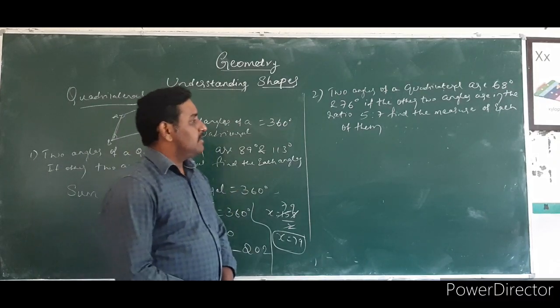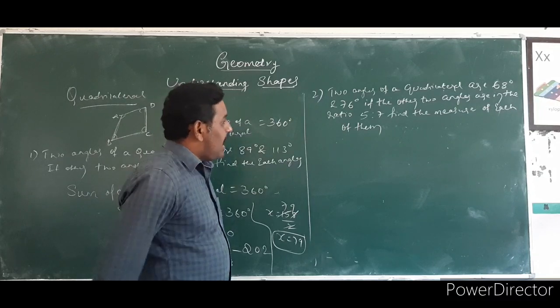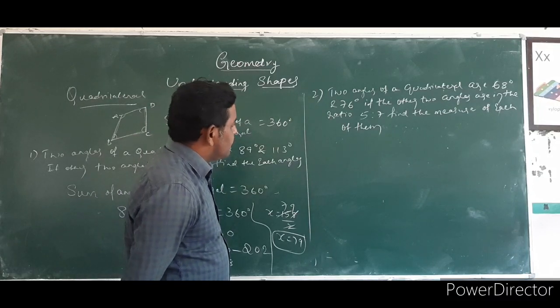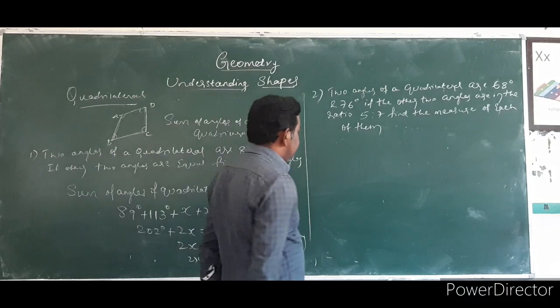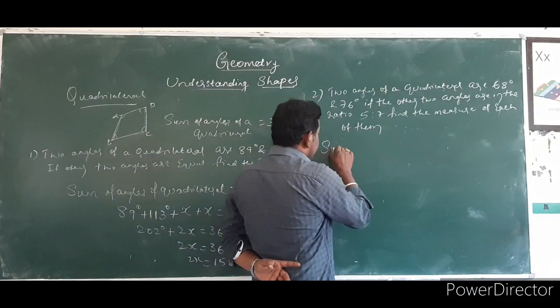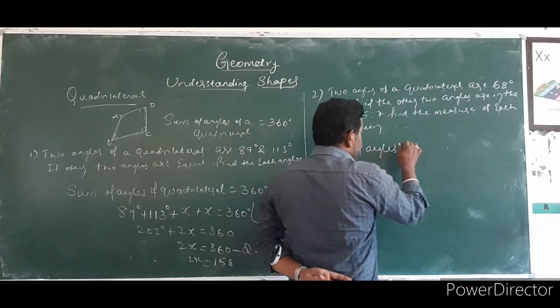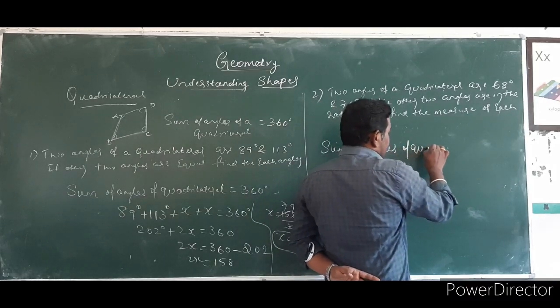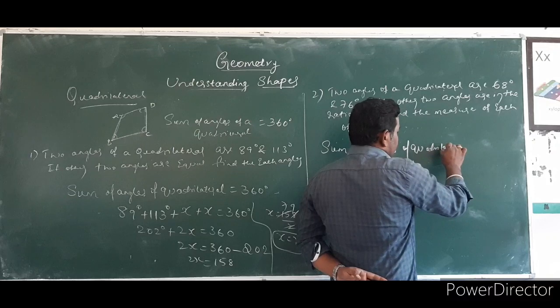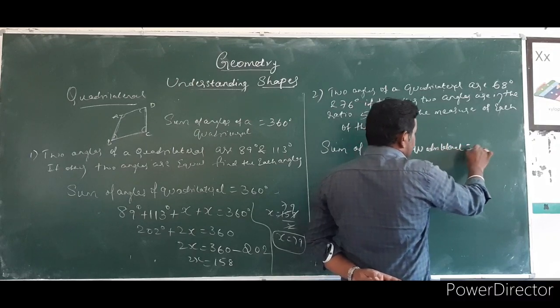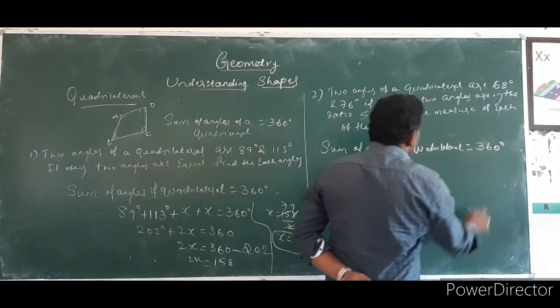Next problem. If two angles of a quadrilateral are 68 degrees and 76 degrees, the sum of the angles of a quadrilateral is equal to 360 degrees.